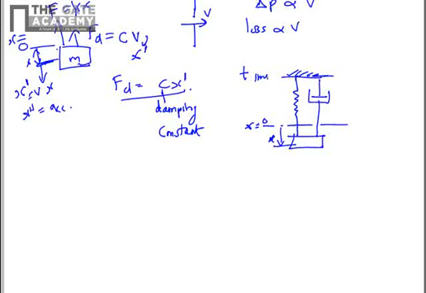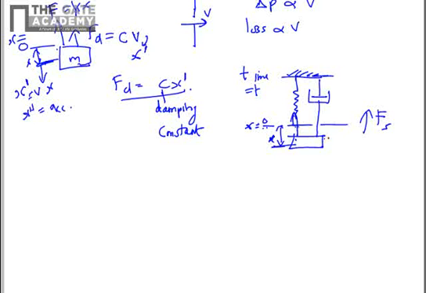Since the displacement is towards the bottom from the mean position, the spring force will be towards the top. It will try to come back to the equilibrium position, because the equilibrium position lies on the top of the current position. So spring force will be towards the top.